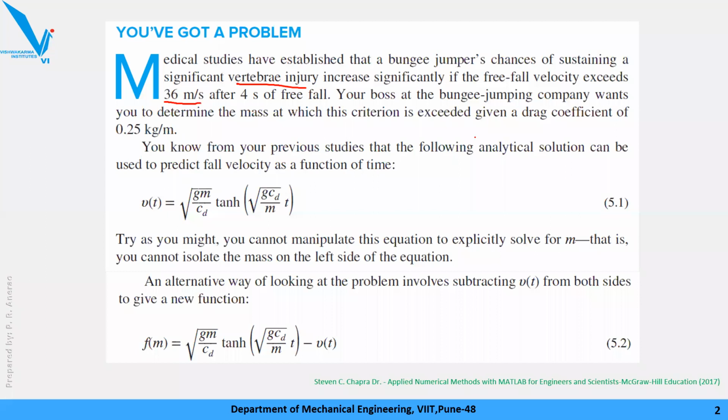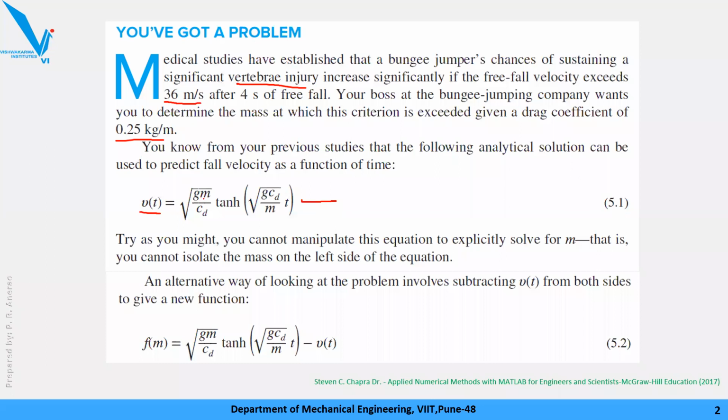The drag coefficient is given as 0.25 kg per meter. Then you apply some physics or fluid mechanics formulation and you will come up with this equation for terminal velocity, which is dependent on time.